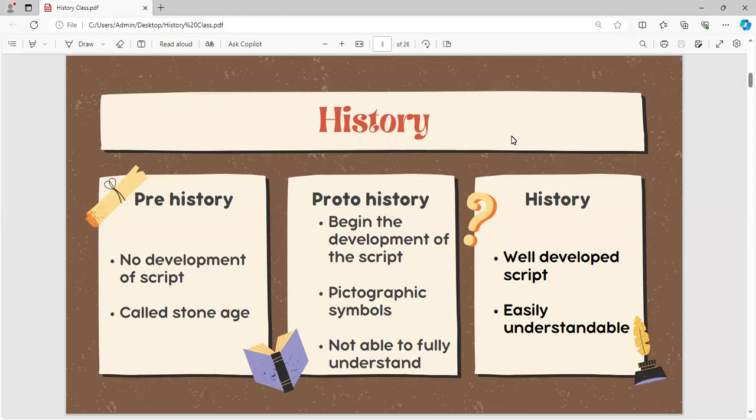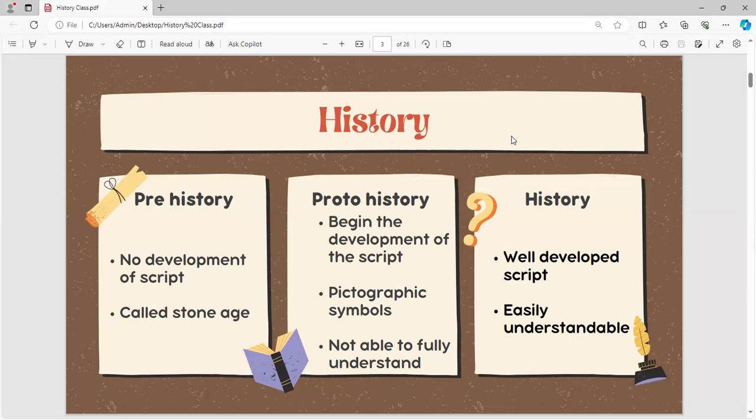But we are not able to understand that fully. Only some archaeologists know about that. And next part is history. In this period, a well-developed script is formed, and it is easily understandable by everyone.